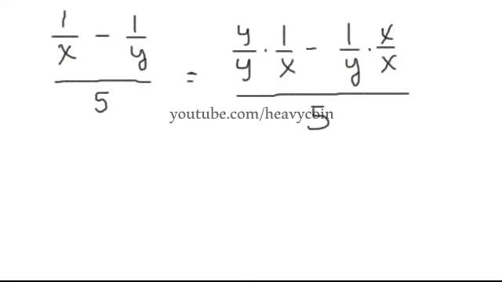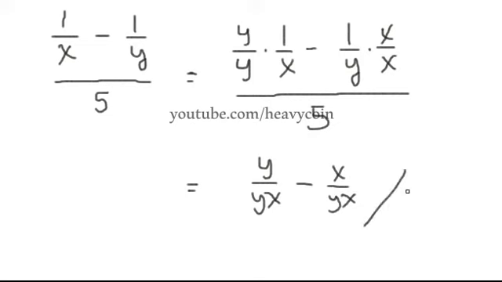Okay, I'm going to try to be a little bit neater. So y times 1 is just y over yx minus x over yx.